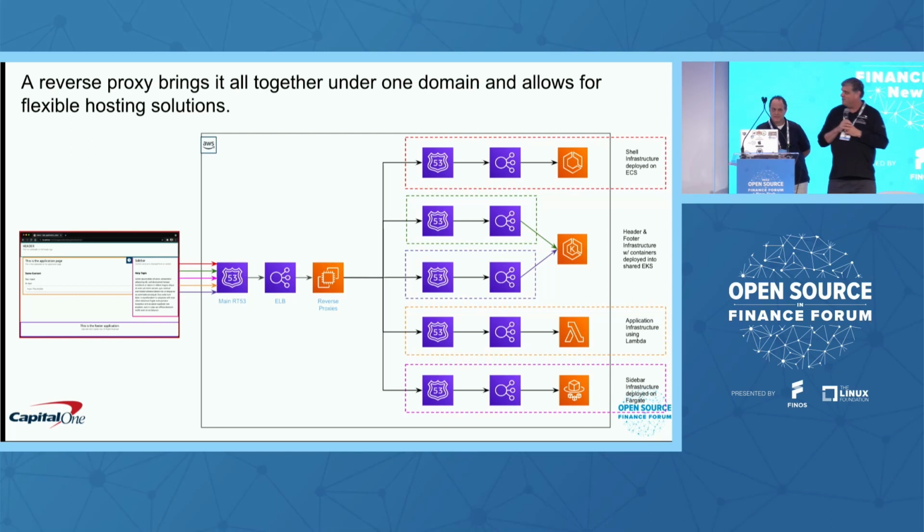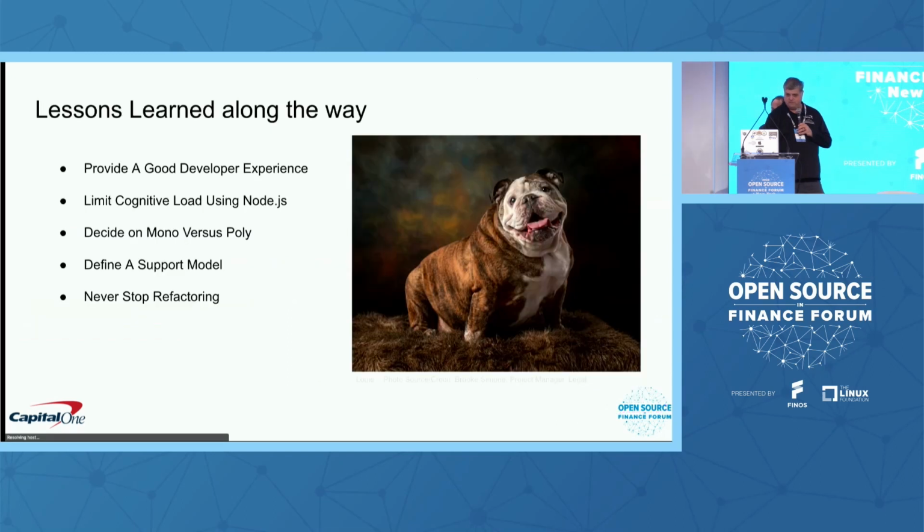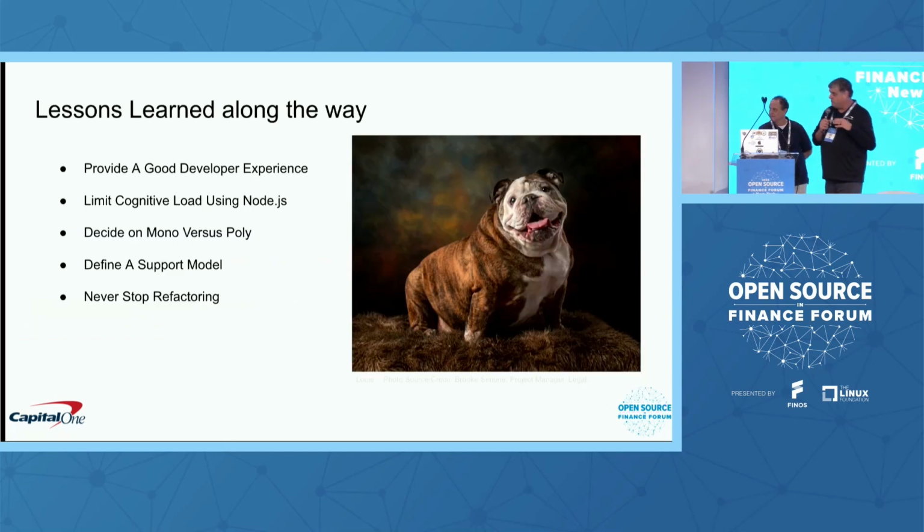But in general, this is showing that I can host the sidebar application or shell infrastructure on ECS, the header and footer on EKS. An application could be a Lambda or sidebars hosted on Fargate. So in practice, usually teams will pick one, but we do have the capability to host however it makes sense for our federated teams. So that was as technical as we're going to get.